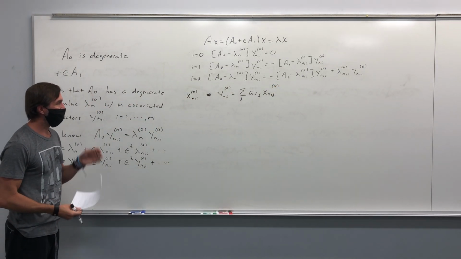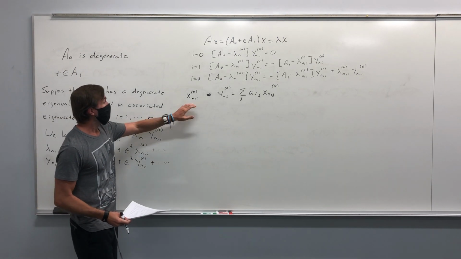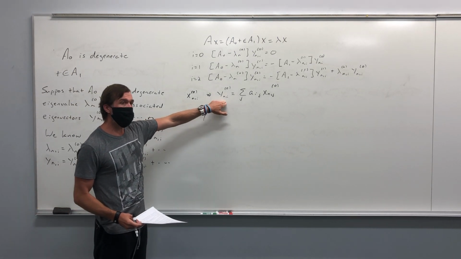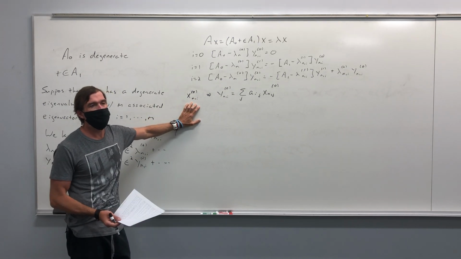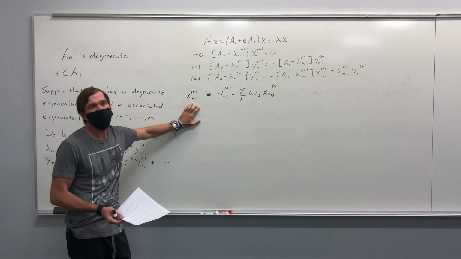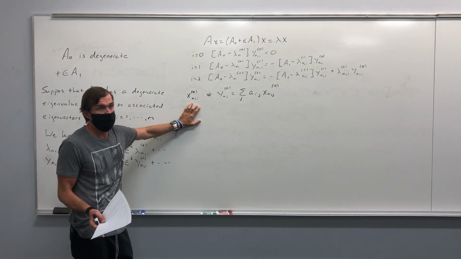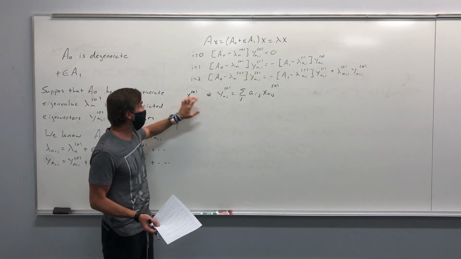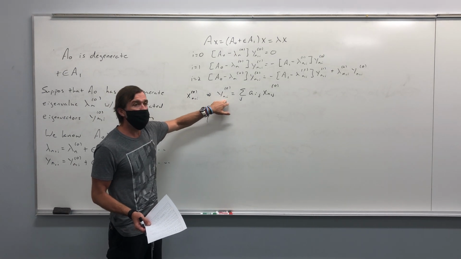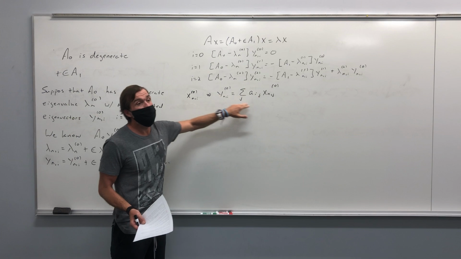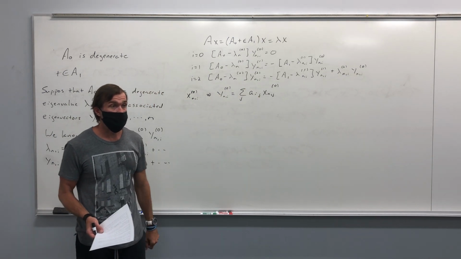Okay? So this is the corrected basis. This is just an arbitrary basis. You're just going to find the eigenvectors or their relations, and then you're just going to pick a set. Okay? And then you just should realize that if you've picked a set of eigenvectors spanning the space, any other vector in that space, any other eigenvector in that space can always be written as a linear combination of those. Okay?